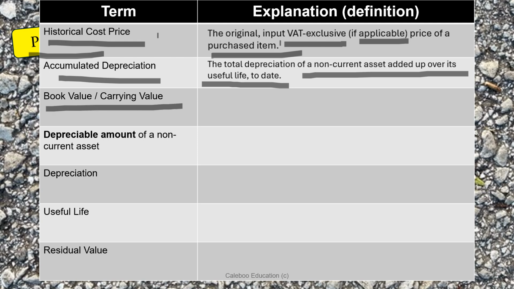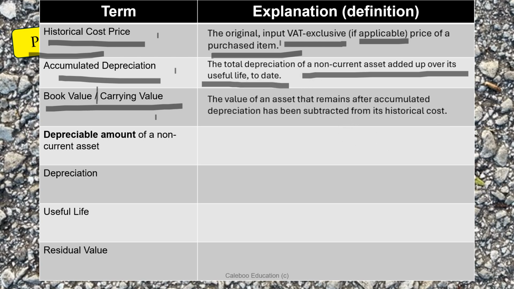Very important. What is the book value or carrying value? It's the historical cost price less the accumulated depreciation of that asset. That gives you the book value. There it is. The value of an asset that remains after accumulated depreciation has been subtracted from its historical cost.